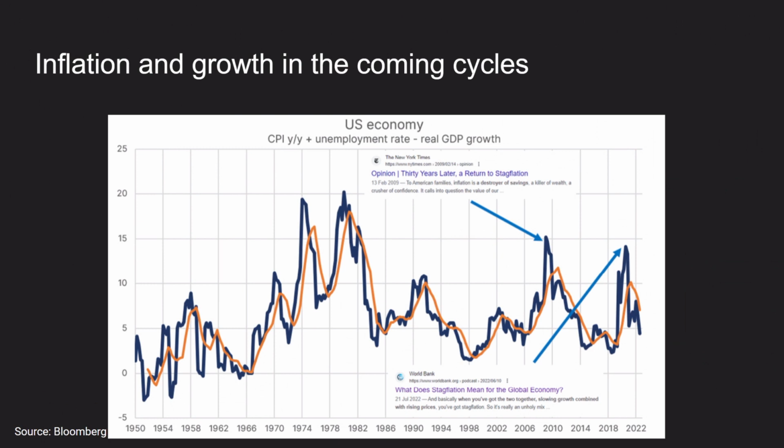So we spoke about the equation earlier of CPI year-on-year plus unemployment rate minus the real GDP growth, right? So you do end up getting these figures. As you can see, in the 1970s and the 1980s, we had really, really high periods of stagflation, right? And what happened during that time?